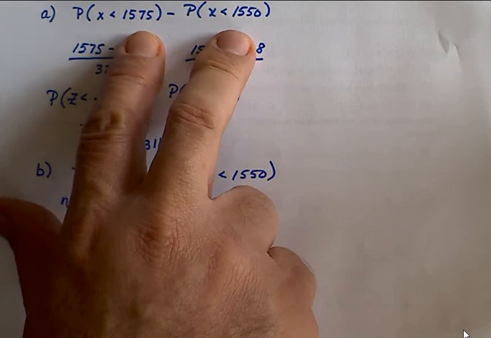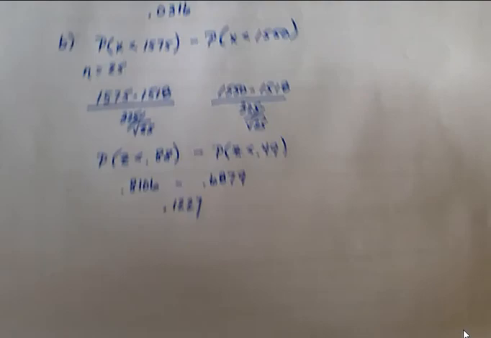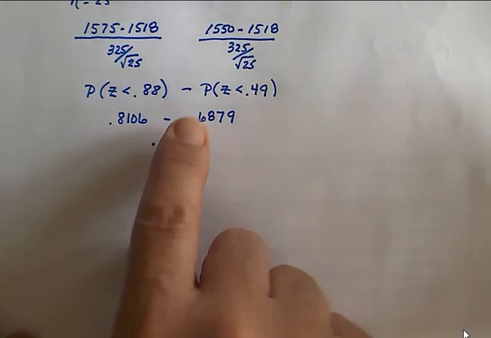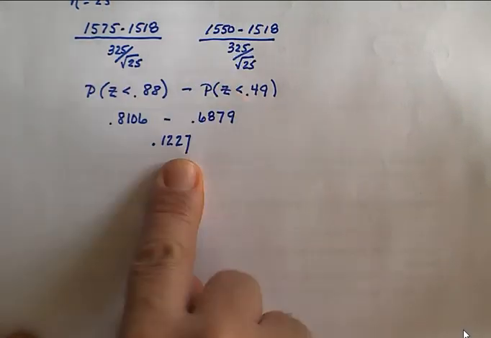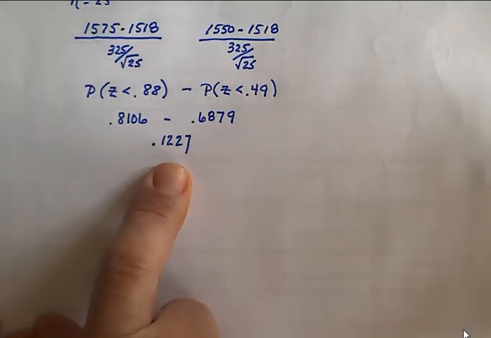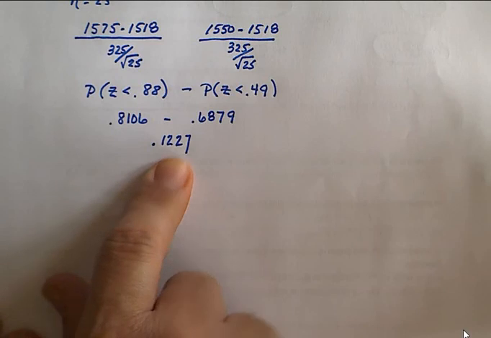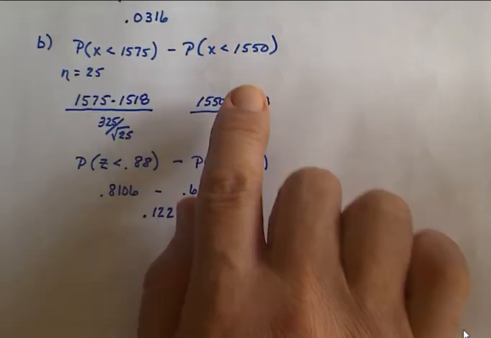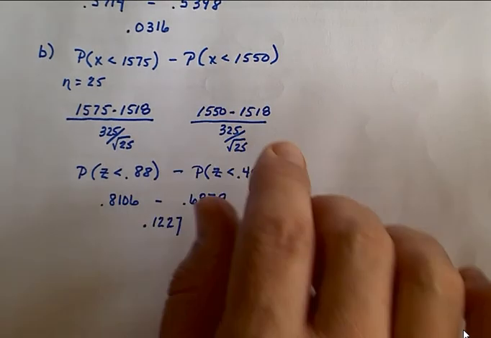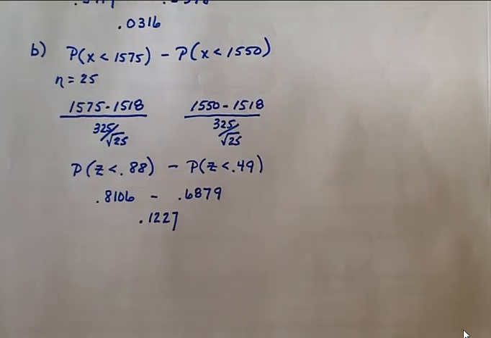Now, if I select 25 people, I have a 12.3% chance of selecting a person that falls between. So again, that bigger number means your chances of having that happen should improve.